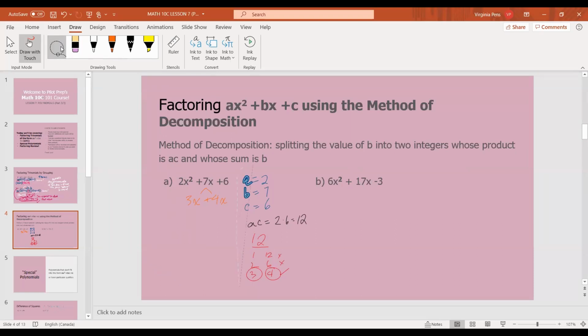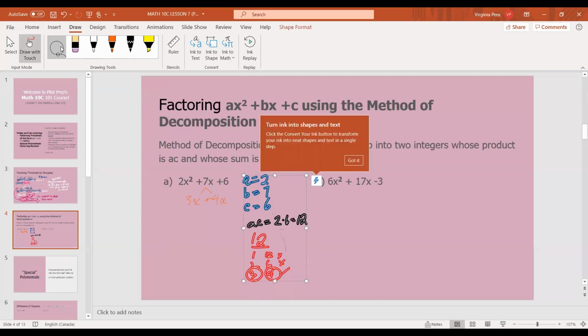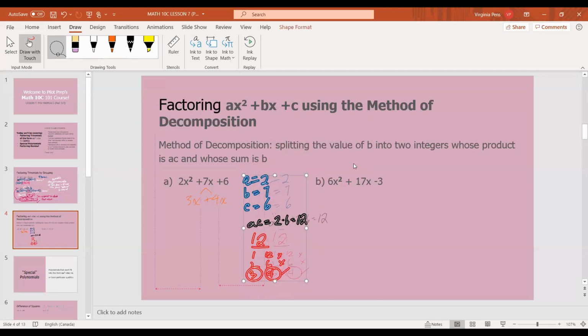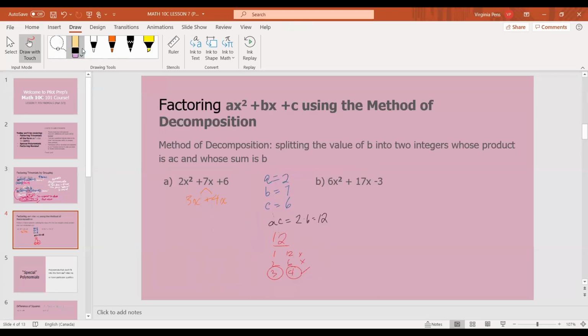Let me move these values over a bit. All right. So what we have here, now we're just going to bring down the other terms.